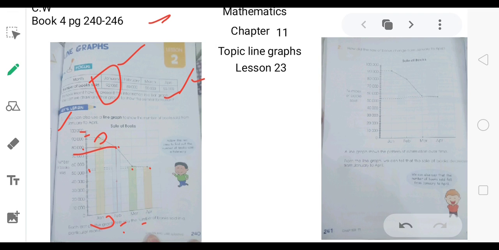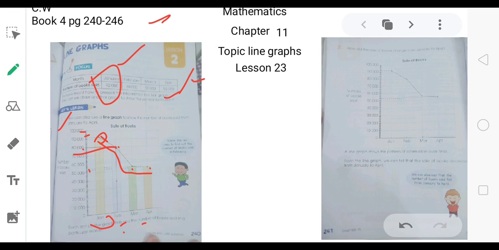When you have drawn the dots, just draw the lines using these dots. Now listen to me. Start from over here. 1, 2, 3, 4. Okay? Like this, you can complete the line graph.